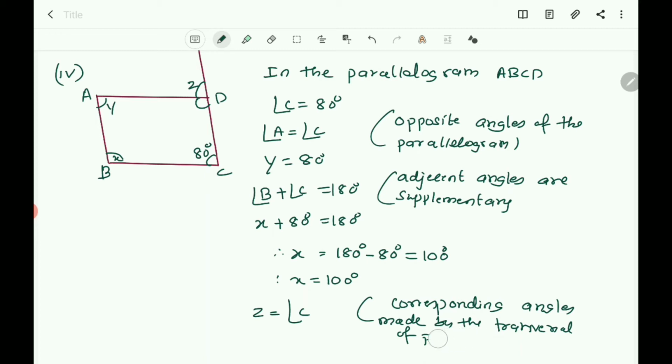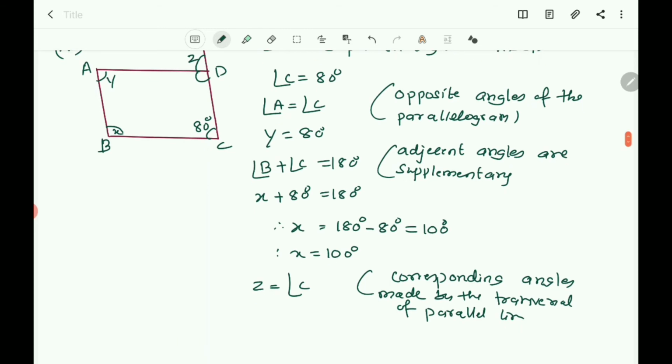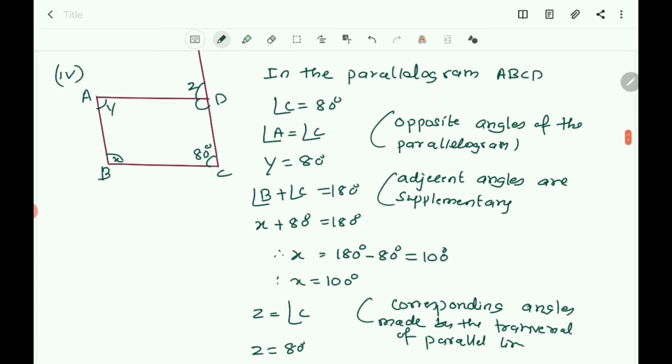In the 7th standard you studied about the angles made by the transversal of parallel lines. So you take z is equal to 80 degrees, or otherwise you can take here, you know that angle D, that is angle ADC, is equal to how much? 100, and z is equal to 180 minus 100, that is equal to 80 degrees.